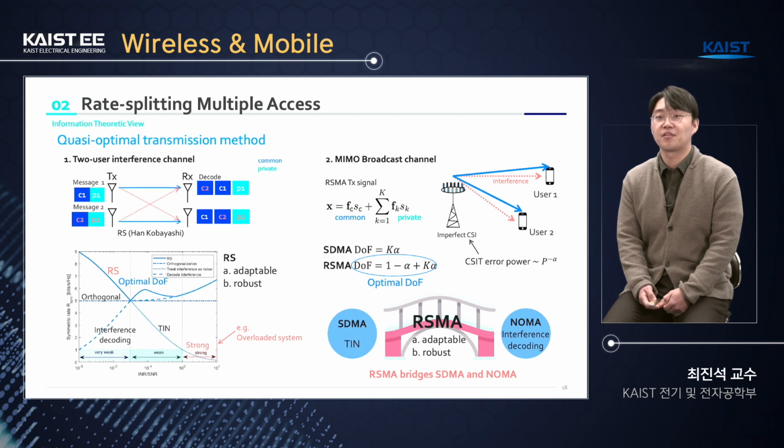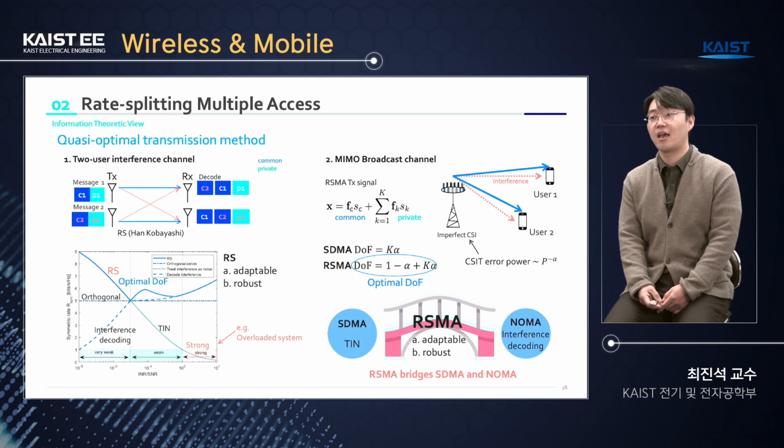However, when the interference increases, RSMA is still optimal, but SDMA is not, and NOMA-type strategies are optimal. So RSMA is adaptable to the interference strength and very robust in performance. It's optimal for any region, so it's bridging the gap between the SDMA and the NOMA methods.